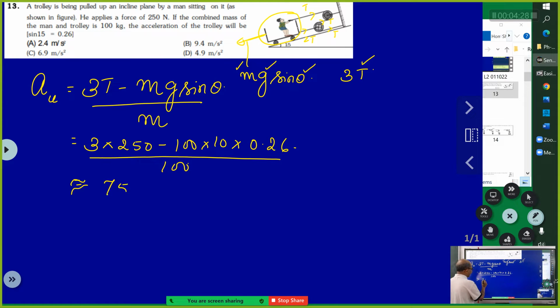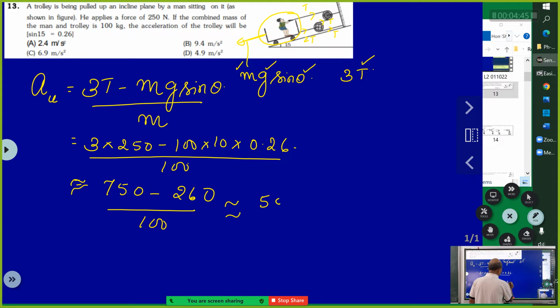Here you get 750 minus 260 upon 100. Since the choices are given, don't try to solve this exactly. You can approximately solve this. I would say 260, take it as 250. So this becomes 500 by 100, which is equal to 5. So the answer should be close to 5. You have one option, D. So D becomes the solution to the problem.